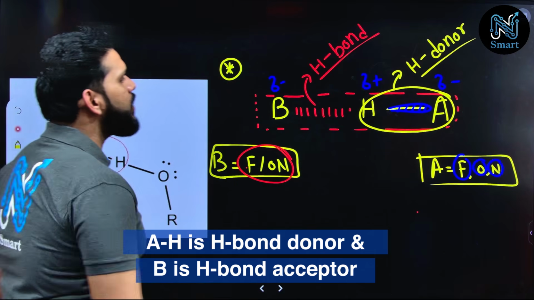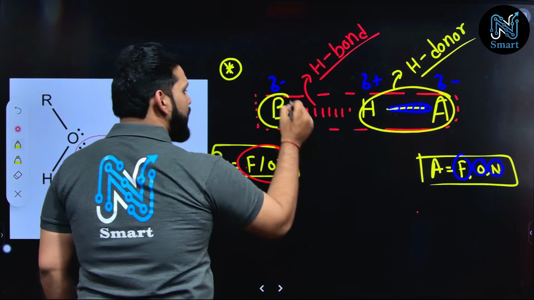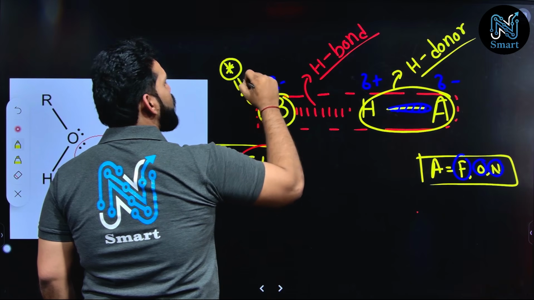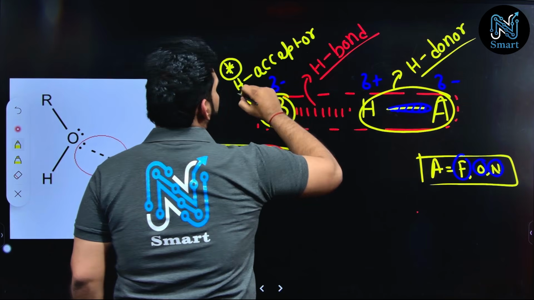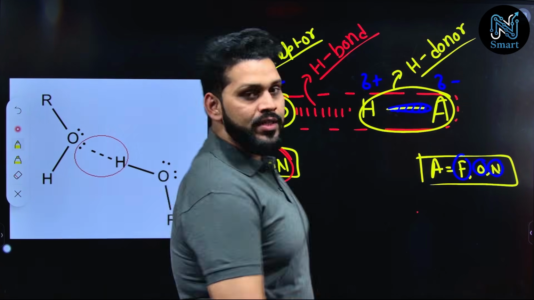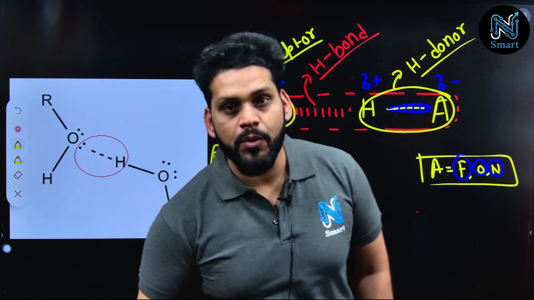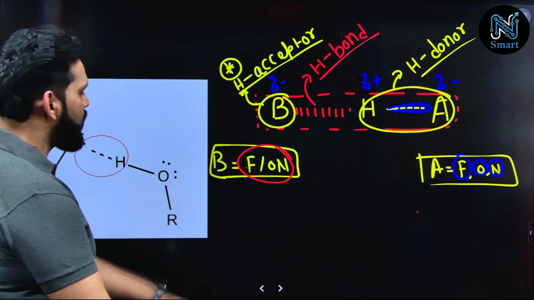Whoever is containing the hydrogen, that is called hydrogen bond donor, and whoever is attracting the hydrogen, that is called hydrogen bond acceptor. Okay, there is a donor, there is an acceptor. So hydrogen bond donor will be whoever is having the hydrogen, and hydrogen bond acceptor will be whoever is attracting the hydrogen. Okay, so this is the moral of the story.